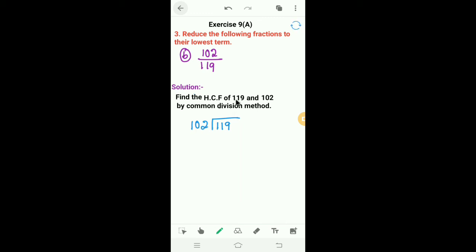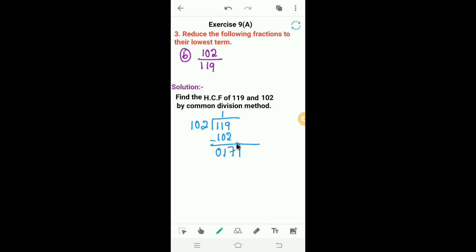102, 1 into 102. 9 minus 2 is 7. 1 minus 0 is 1. 1 minus 1 is 0. Here the remainder is 17.